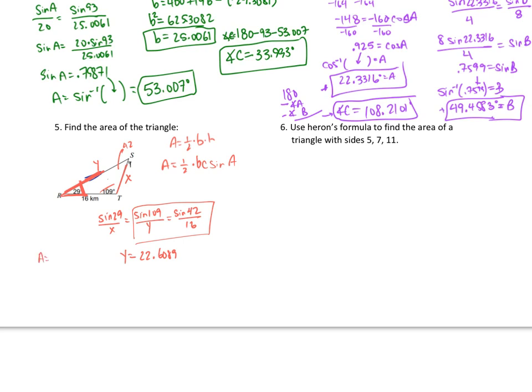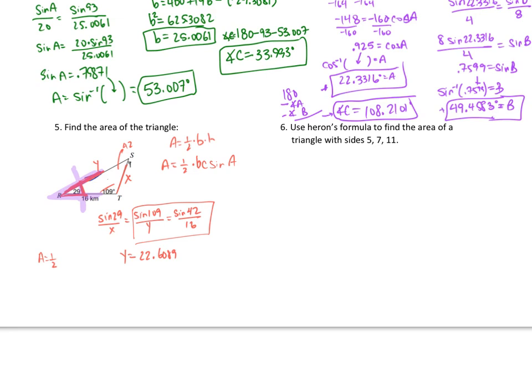So here's what I'm going to do. Remember, the area is 1/2 the two included sides. So let me show you again. Let me highlight them, actually. It's this side, this side. Those are the included sides to that angle.